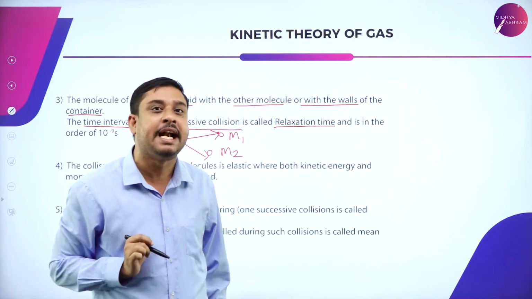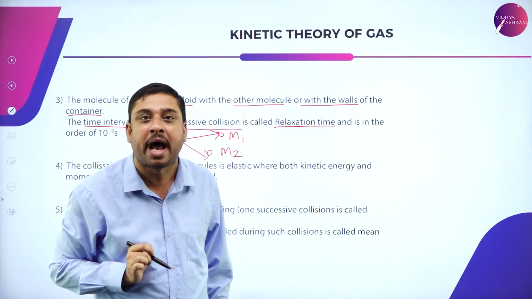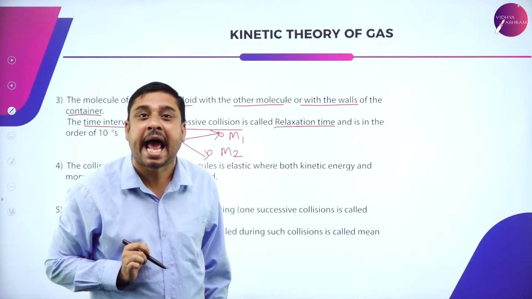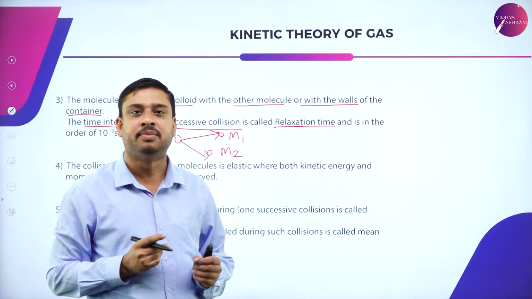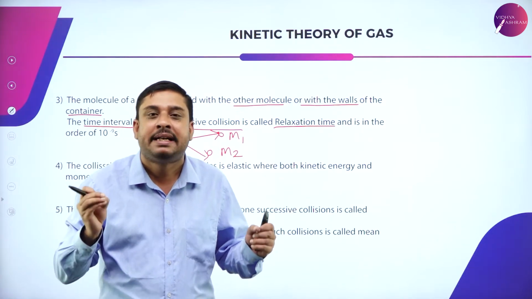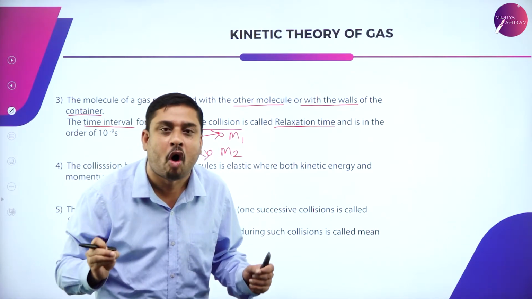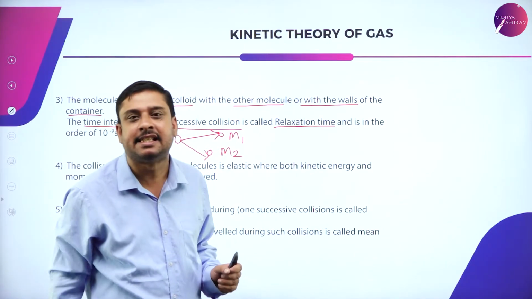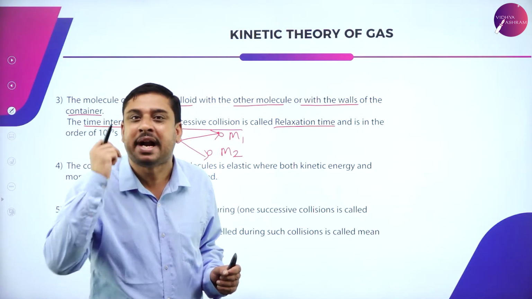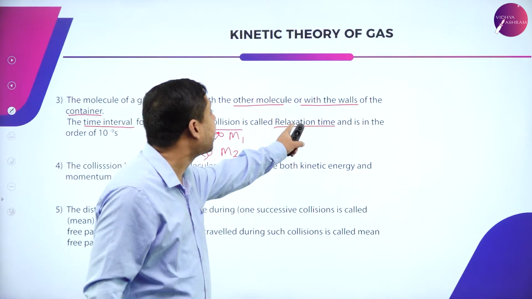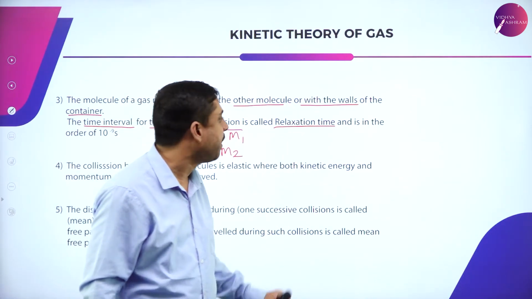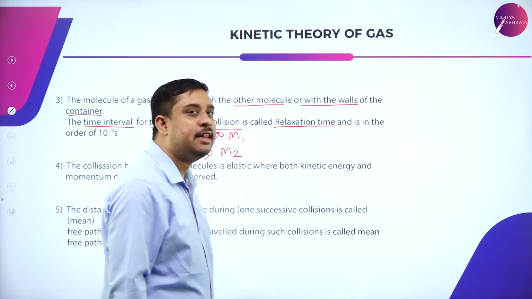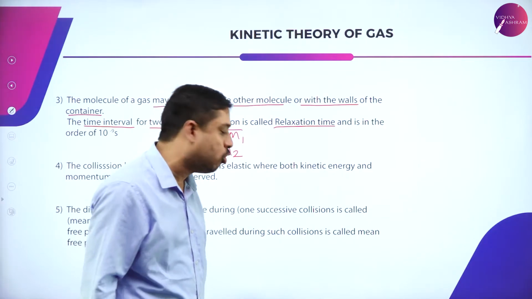Very important definition for 1 mark. Relaxation time: time taken by a molecule between two successive collisions. What is it called? Relaxation time. And it is in the order of nanoseconds.